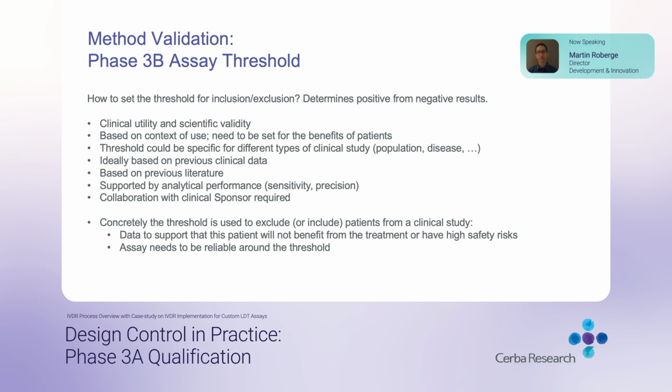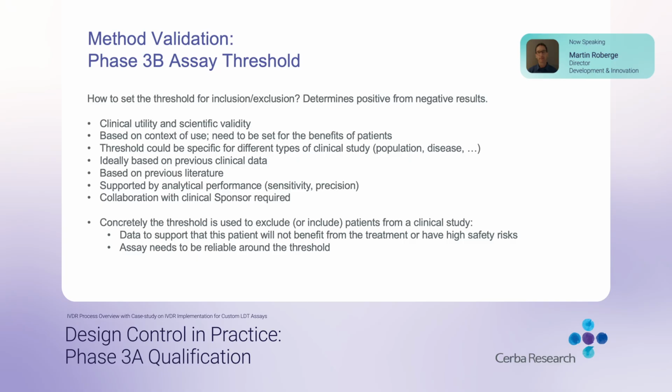So this also needs to be established very early on. Ideally, your threshold will be based on previous clinical data. You already know from previous clinical data generated with a similar analyte that the assay can tolerate or not that kind of signal for the patient.